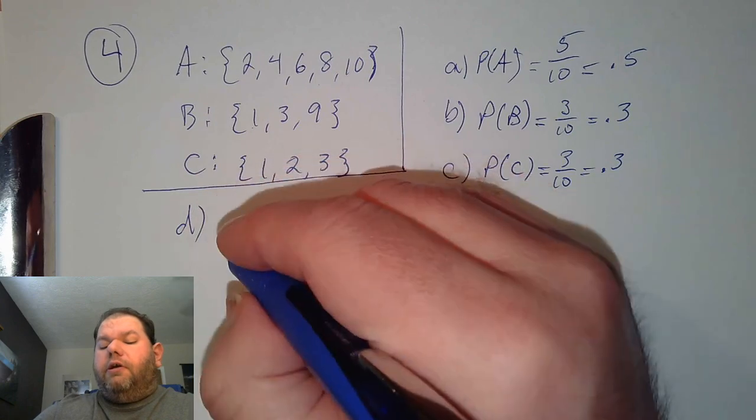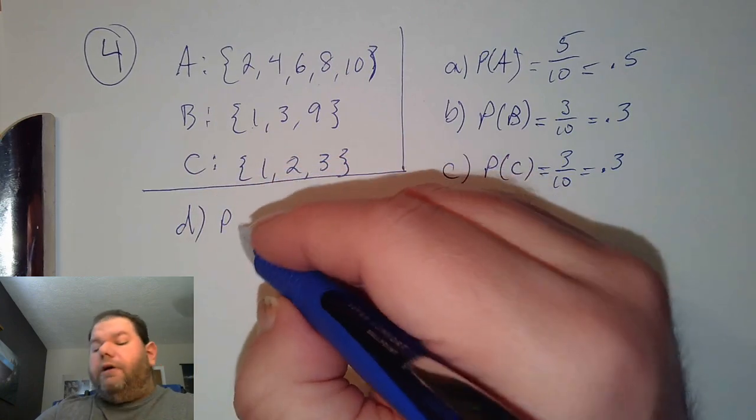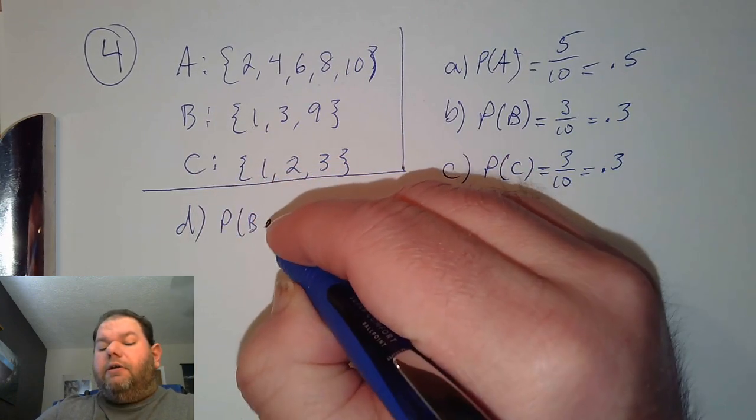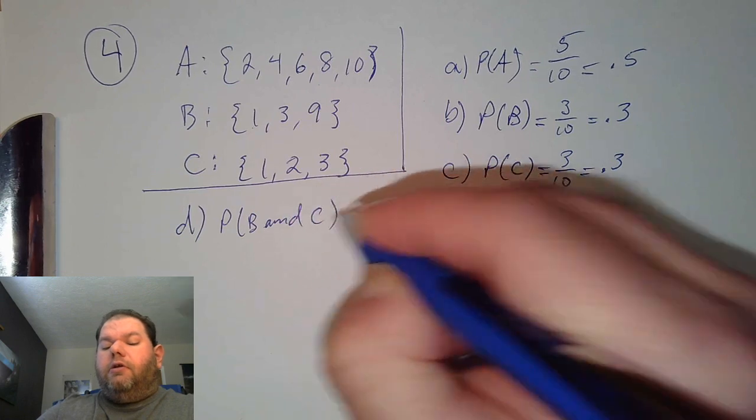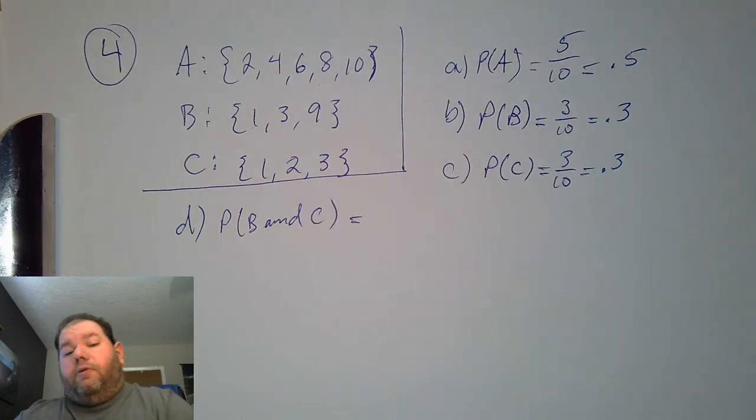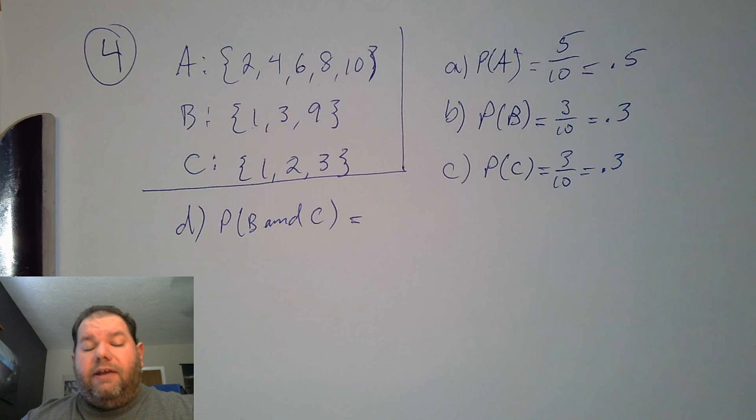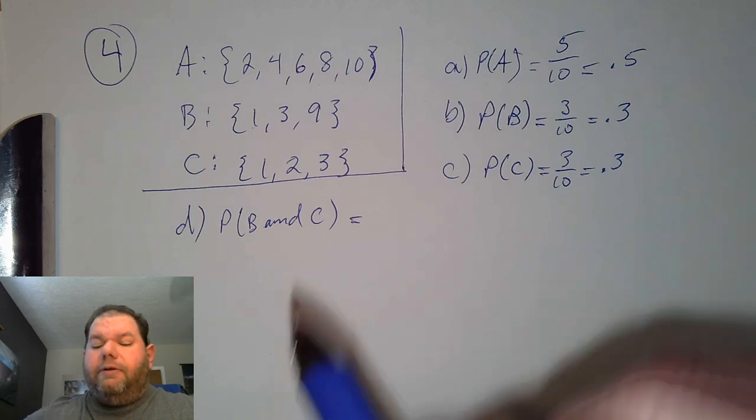Question D, we want the probability of B and C. Now, when we say B and C, this is the intersection of B and C. So in this case, we're looking at the 2 lists of numbers for B and C. We're looking at how many numbers they share in common.